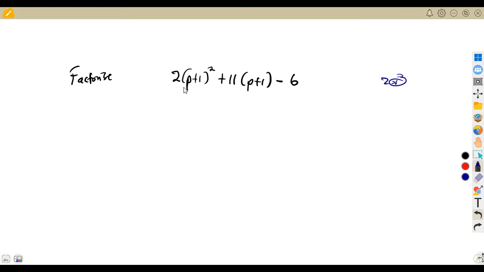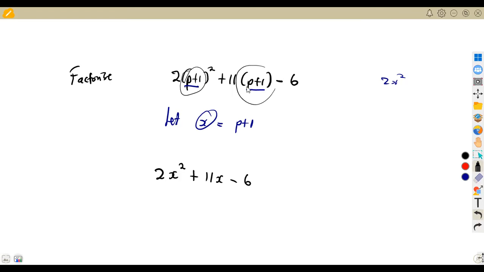So you can introduce x, where x is equal to p plus 1. That means in place of p plus 1, we're going to substitute x, and we can have 11x minus 6. So in place of where we are seeing p plus 1, we substitute x.